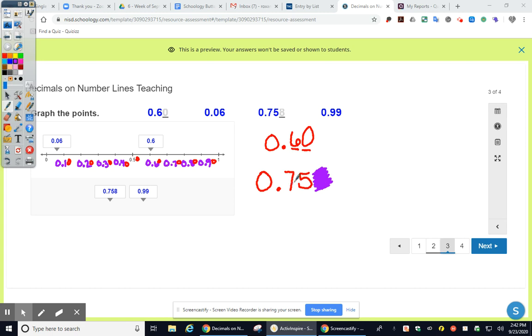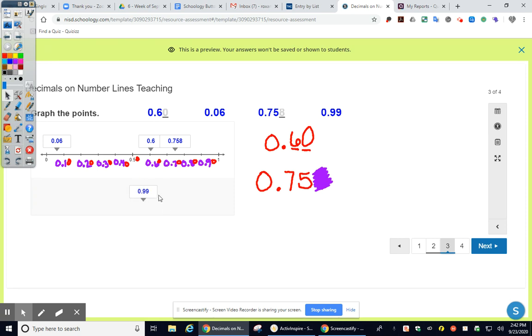And here we know that 75 cents would be between 70 and 80. So all we would have to do here is drag this number between 70 and 80, about in the middle, since it's about 75 cents. Okay, and we're not looking for an exact spot, just a close general area, okay?